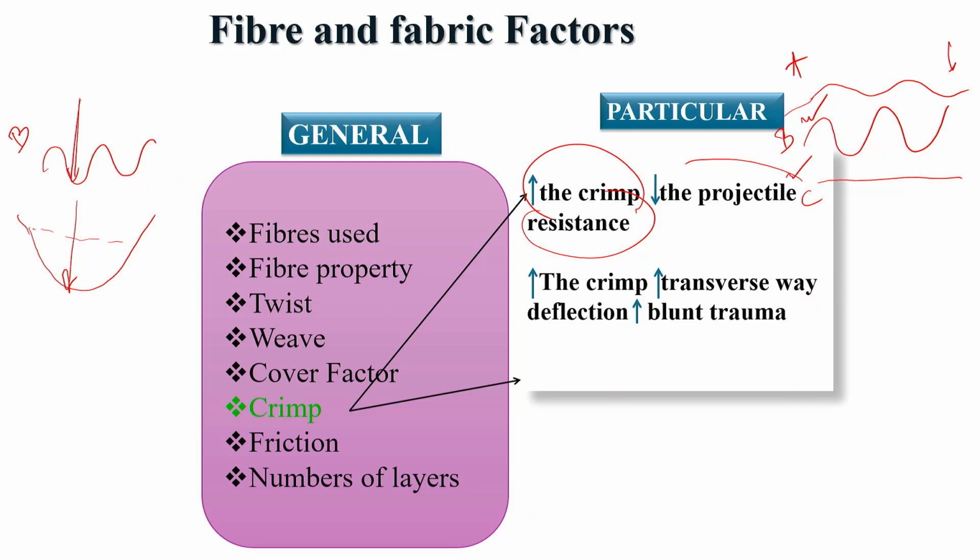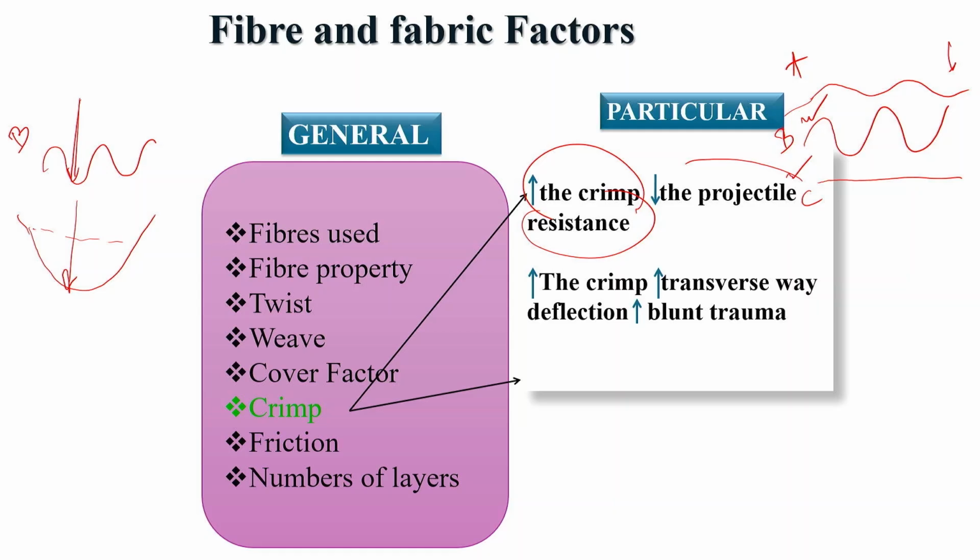Before the yarn or fiber starts resisting, there will be straightening or removal of the crimp, and the projectile will penetrate.